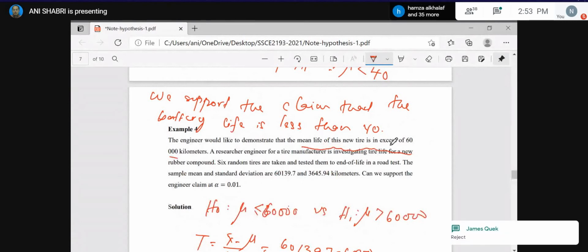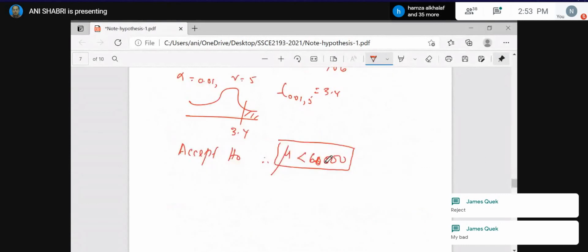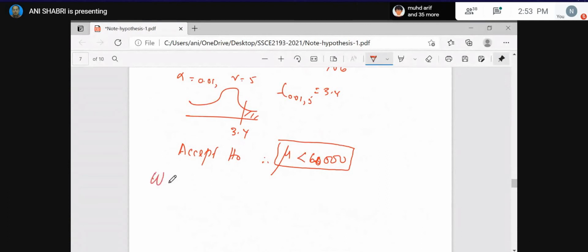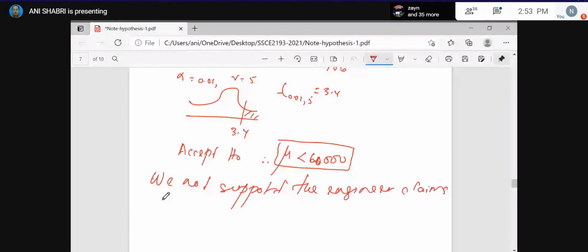If the statement and conclusion are not the same, they contradict, so we do not support. Understand?